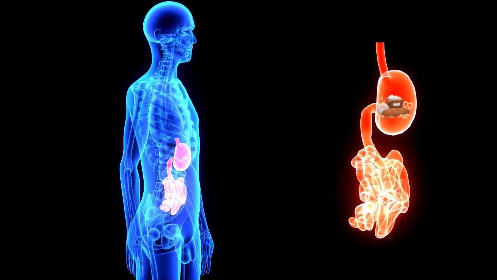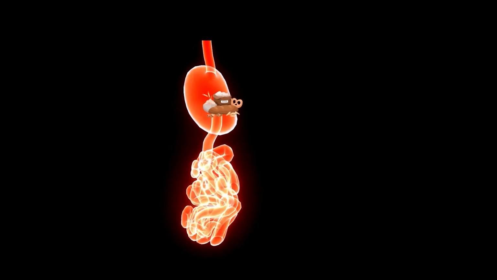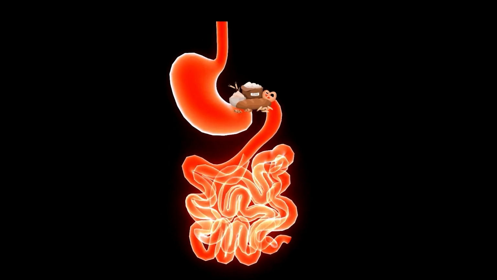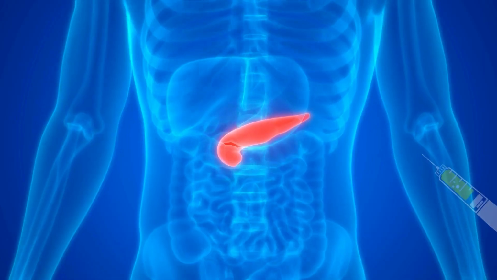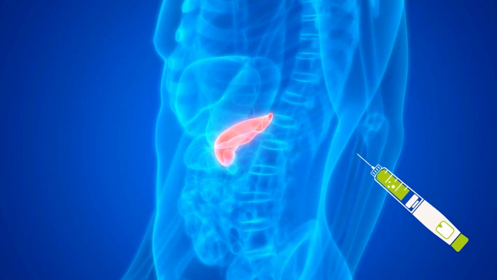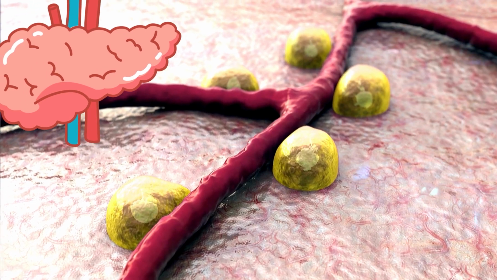Before we talk about the GLP-1 analog injections, let's first understand the hormone GLP-1, which is naturally produced in our bodies. Within the lining of the stomach and intestine, there are specialized cells. These cells respond to the stretch of the stomach or intestine, and they also respond to the presence of carbohydrates by releasing a hormone known as GLP-1. GLP-1 signals the pancreas to increase its production of insulin, acknowledging that we have consumed food.